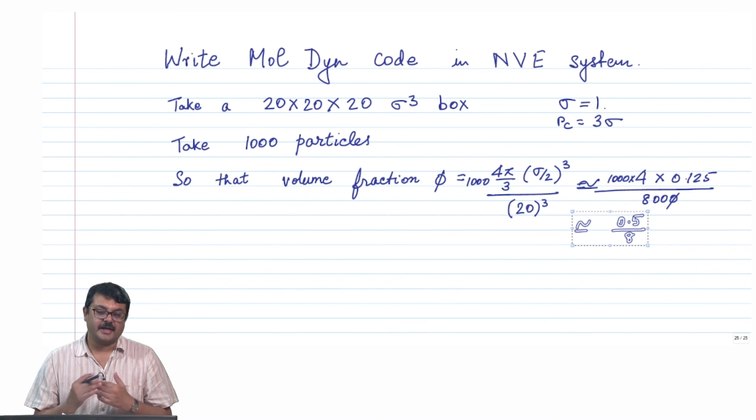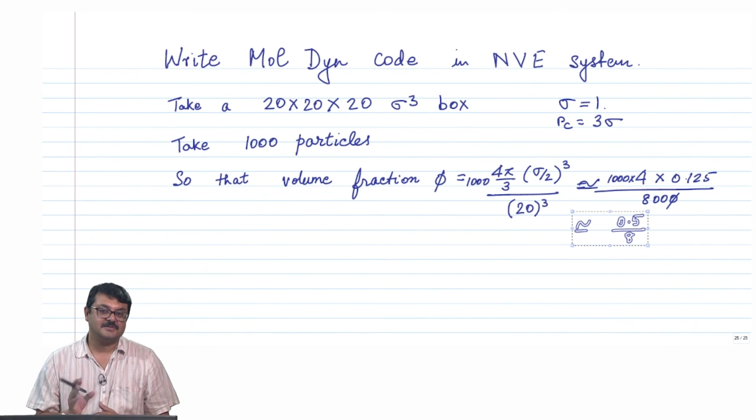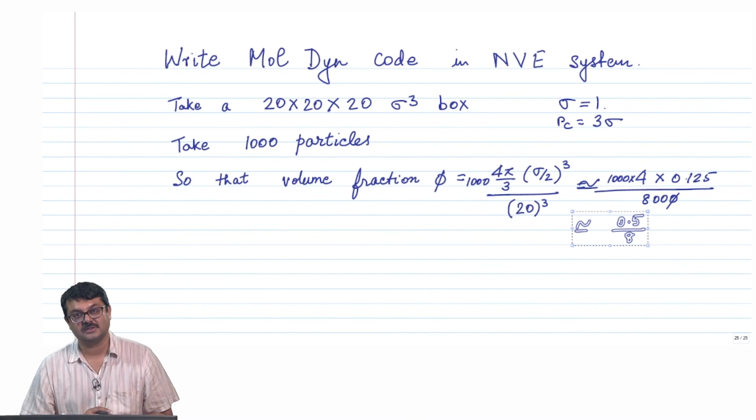Now you can calculate the force, because you know the positions, and then run the simulation for say 10,000 iterations. What should you see? Starting from whatever initial energy you had, the total energy will remain conserved. That is what Newton's laws say.